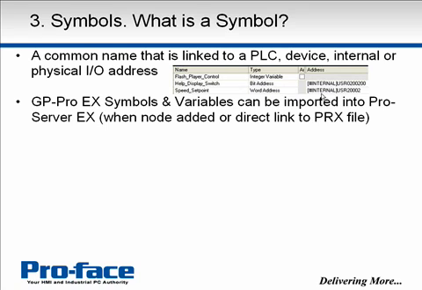You can get access to those symbols and variables by importing them straight into ProServer, as we alluded to when we defined the nodes. You can actually upload them directly out of the HMI itself, or you can take them out of the associated PRX file, which is usually the more reliable and beneficial way to do it.